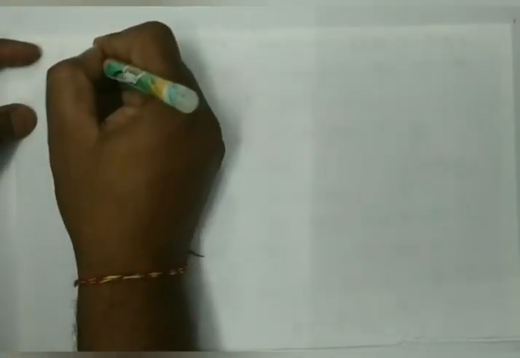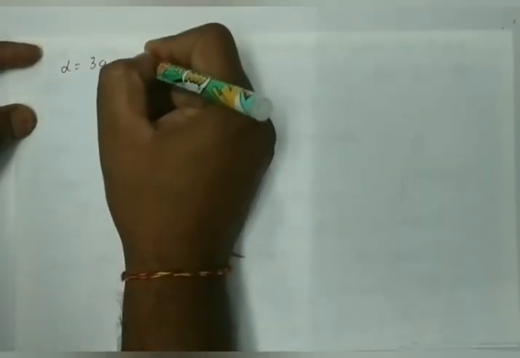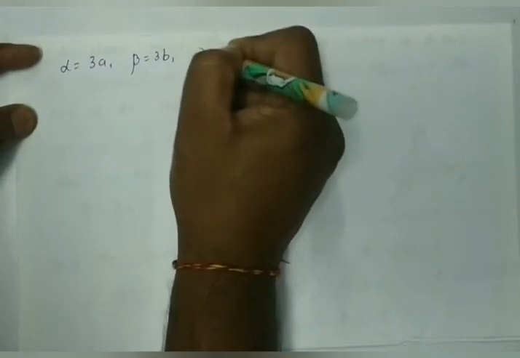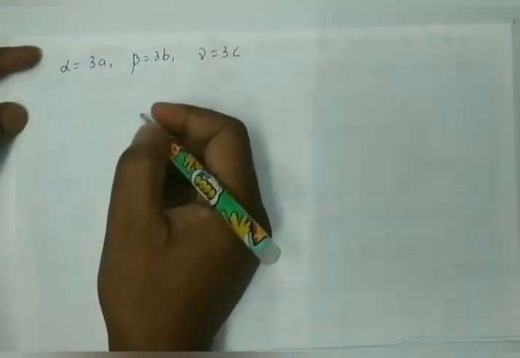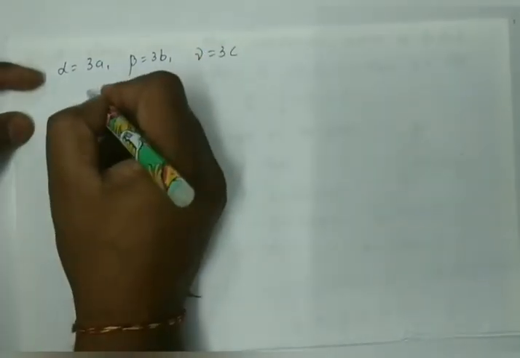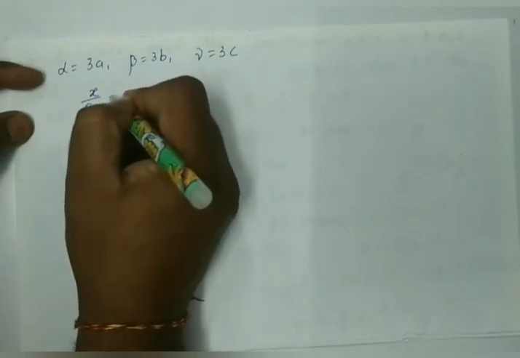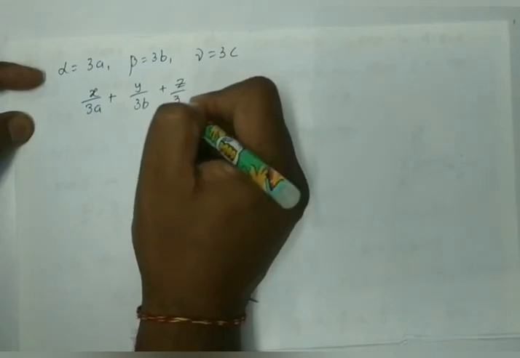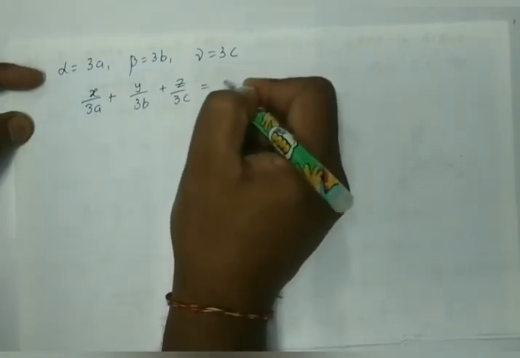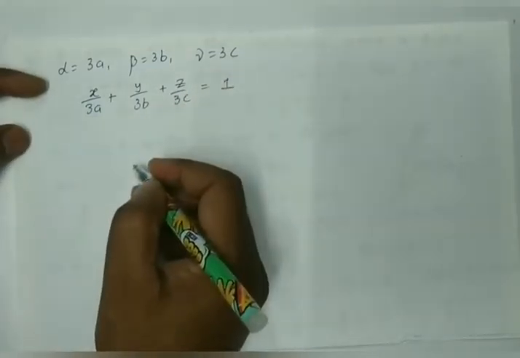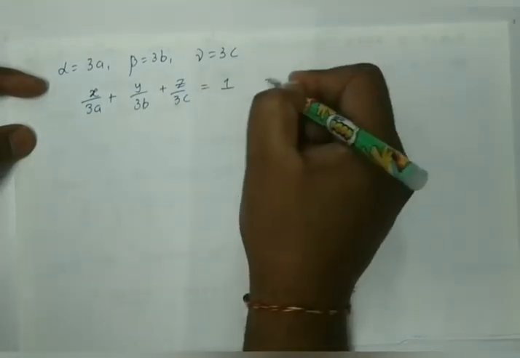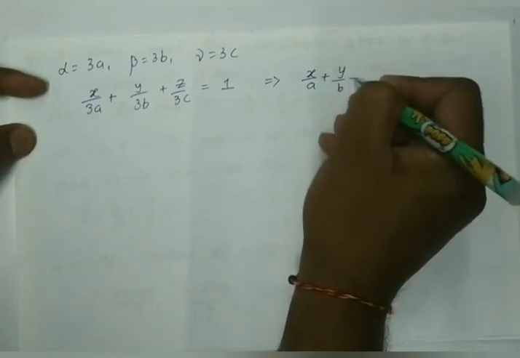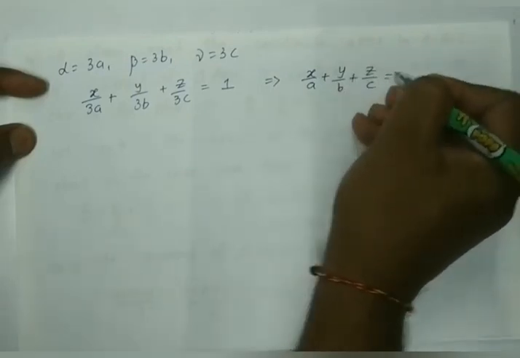Therefore alpha is equal to 3a, beta is equal to 3b, gamma is equal to 3c. Therefore equation 1 becomes x by 3a plus y by 3b plus z by 3c is equal to 1. So this equation can be written as x by a plus y by b plus z by c is equal to 3.